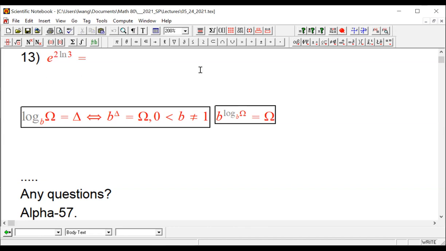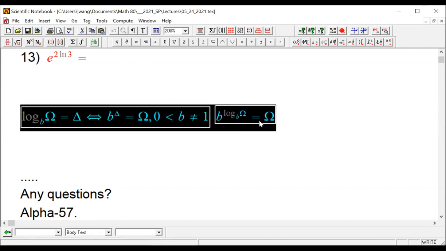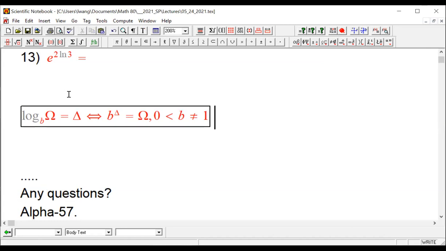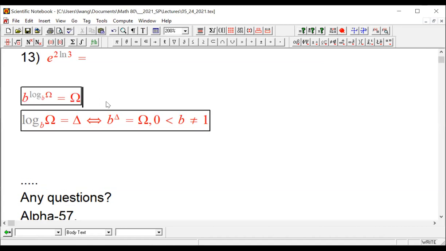What can we do? We cannot apply that property yet.